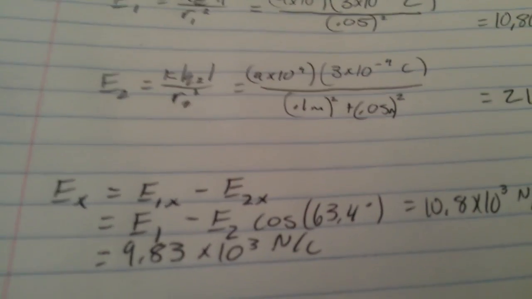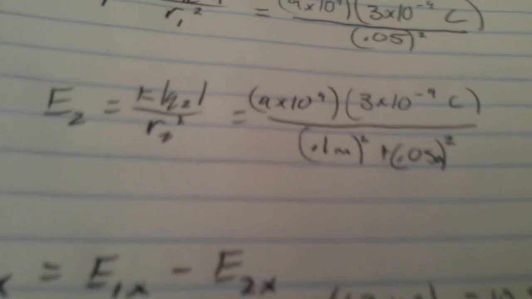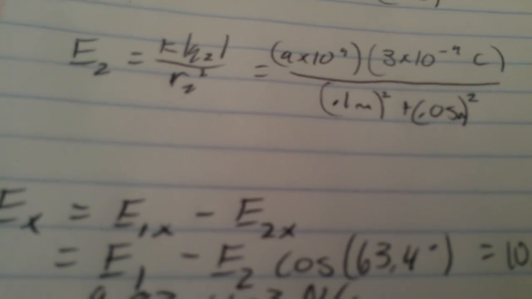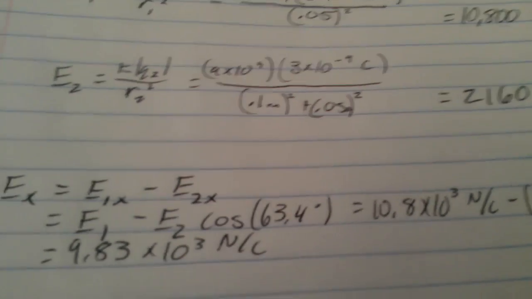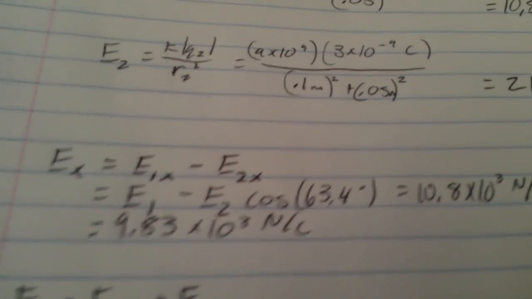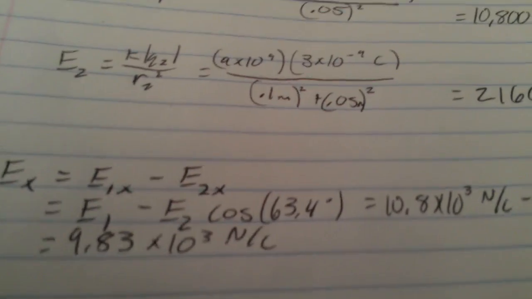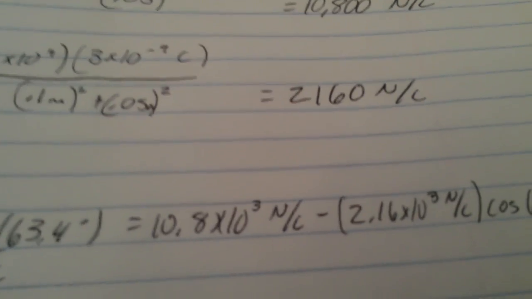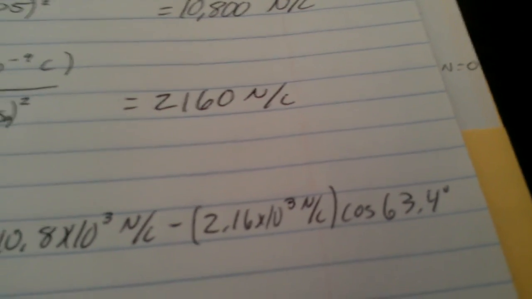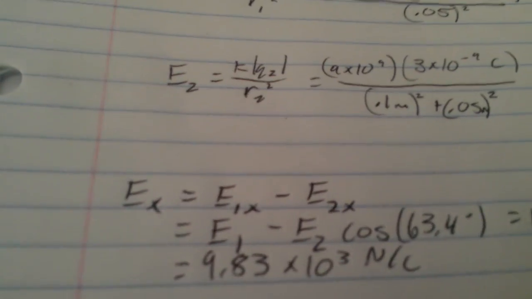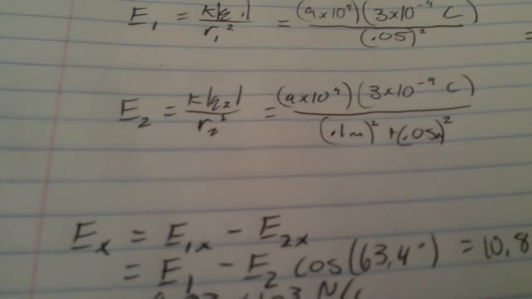And for E2, we have to use the cosine of the angle because we have to split that one up into components because it's not on the same line as the point. So we plug that in, E1 minus E2 times cosine 63.4, and that will give you a result of 9.83 times 10 to the third newtons per coulomb. So that's our electric field in the x direction.